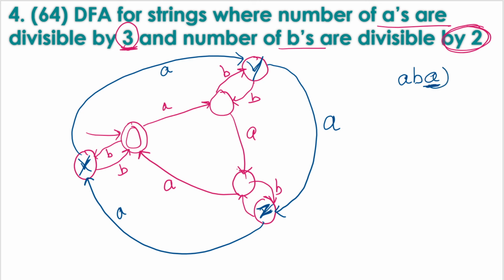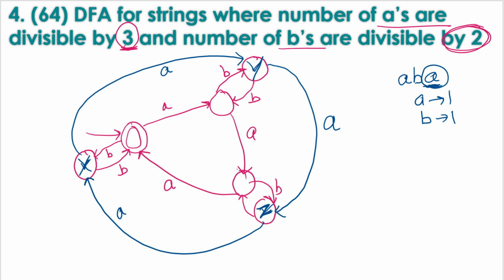So if we receive the next symbol as A, then we must receive one more A and one more B for acceptance. So from Y we need to move to the state Z only.